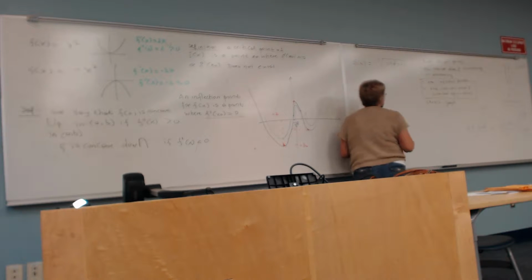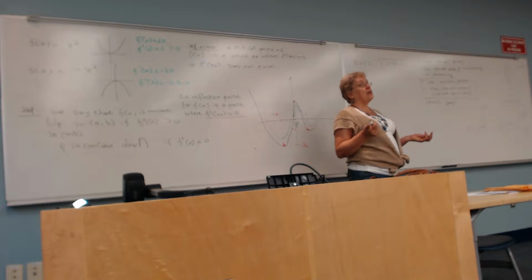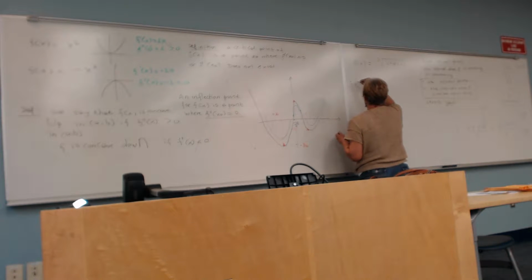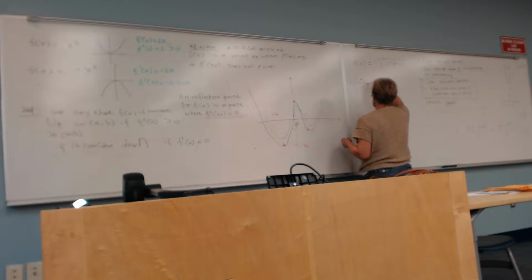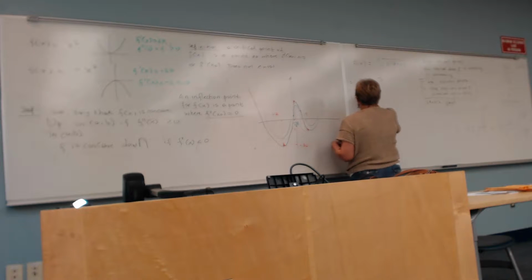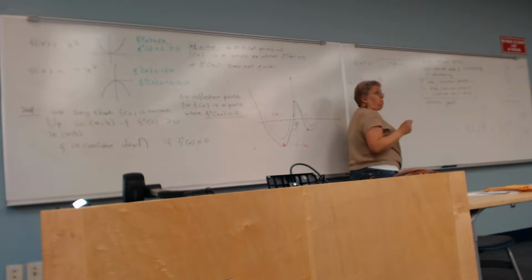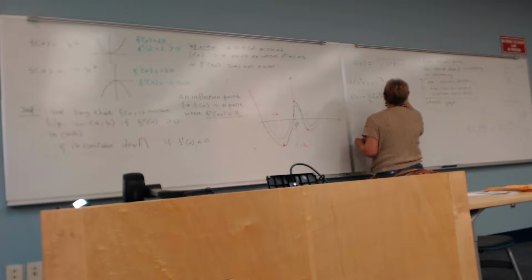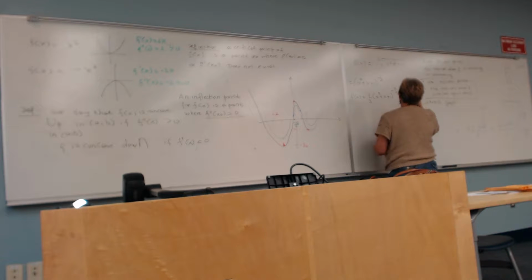So when we do the derivative of the cube root, the whole thing to the 1/3, so x squared plus x plus 1 to the 1/3, we apply the chain rule. So it's 1/3 times x squared plus x plus 1 to the negative 2/3 times 2x plus 1. Very good.